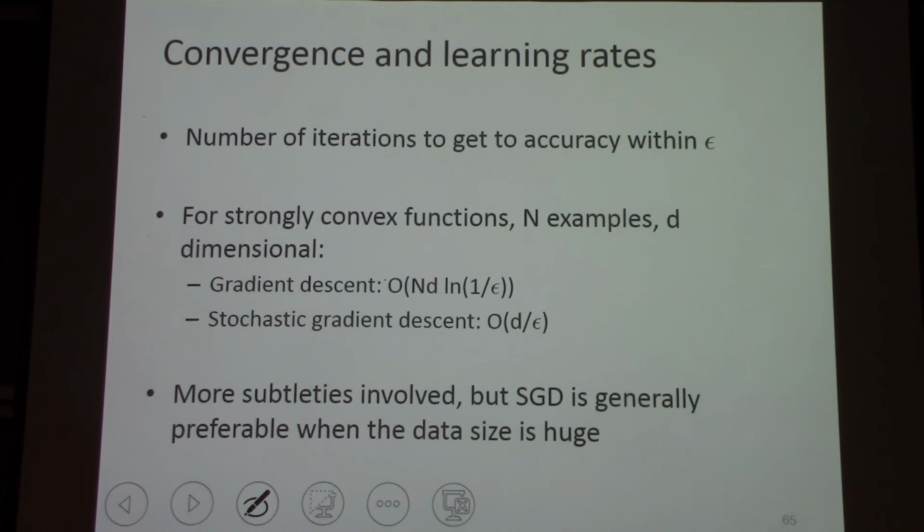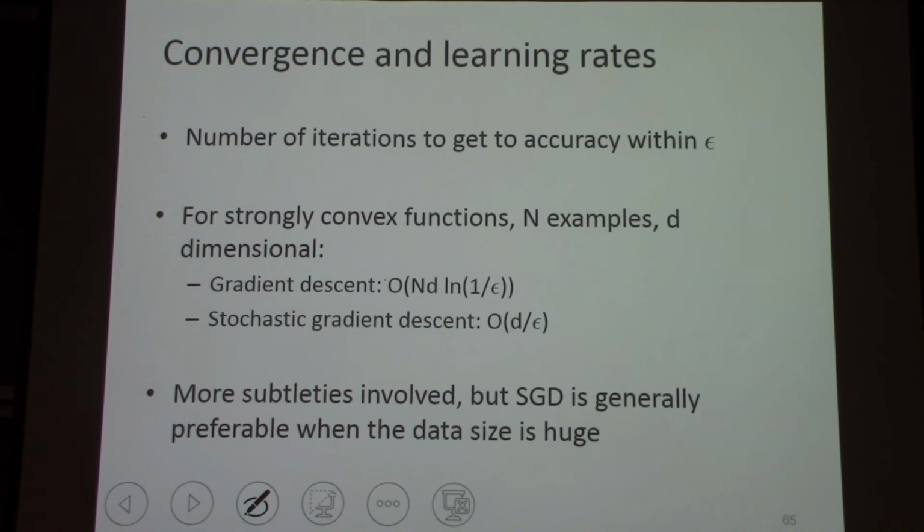Yes? You said optimization error, and that's different than your true error. Optimization, okay. So error is an ambiguous term here. When I say error, what I mean is how close will your objective function be to the true minimum of the objective? How close will your weight vector be to the true minimum of the objective?